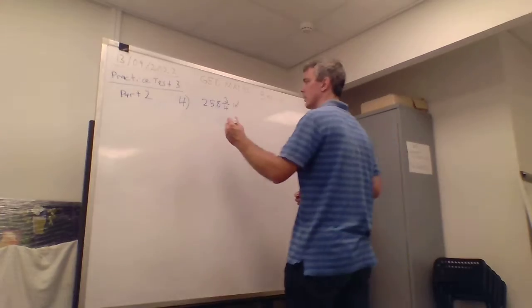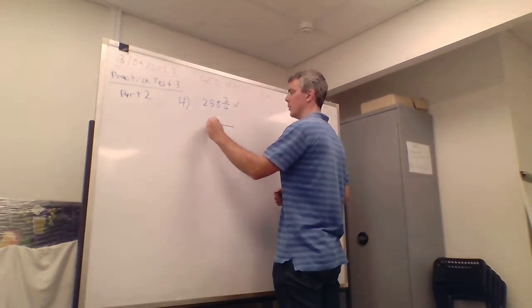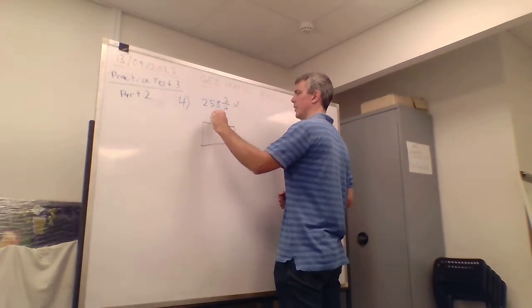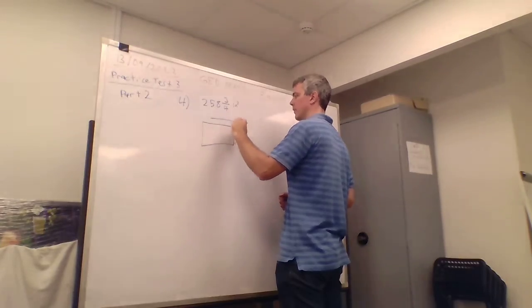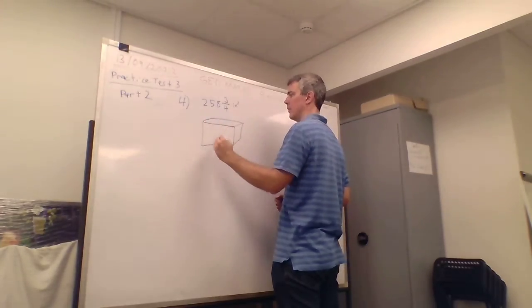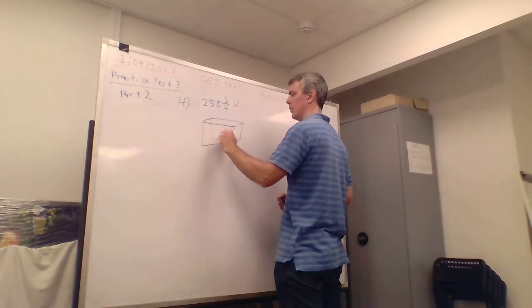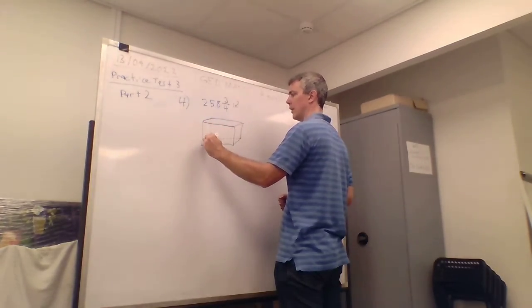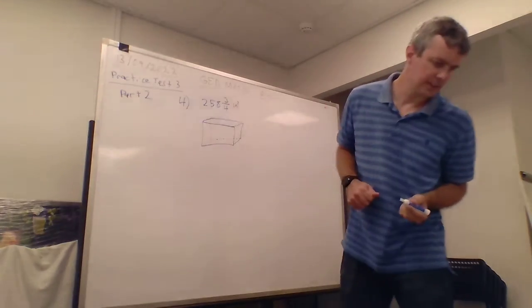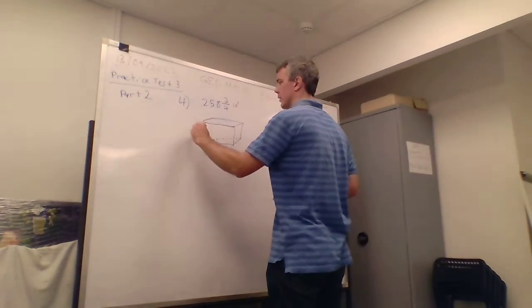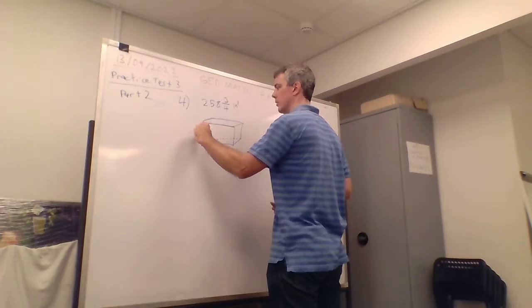So let's draw it. Number 4, we have our rectangular prism, right? Okay. So it says the height, okay, well, it's not in proportion, but that's alright, 11 and 1/2.